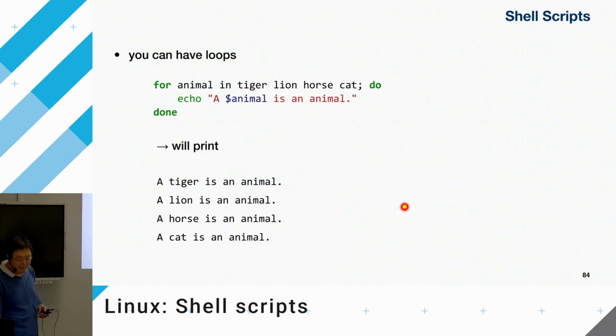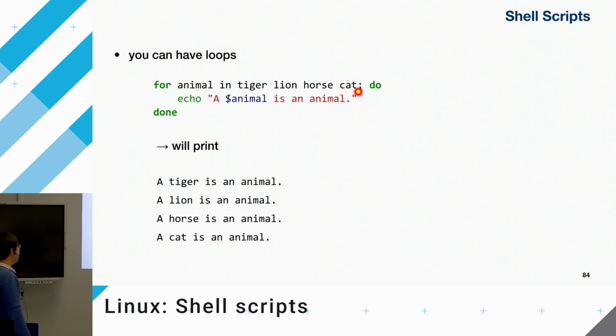And also you can have loops in your bash script. For example, you can use the so-called for loop from bash to let one variable iterate through all the possibilities: tiger, lion, horse, cat.